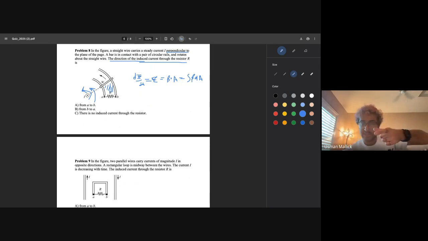If it were placed like this, think of these as magnetic field lines. There's really strong field lines and then they get weaker, but they're all pointed in this direction, like into the page like an onion.